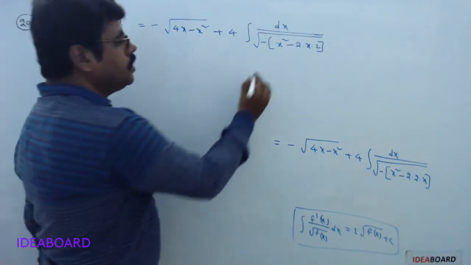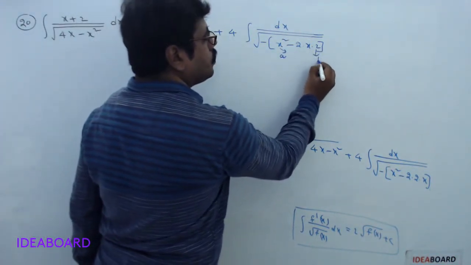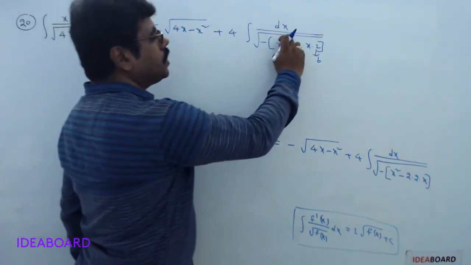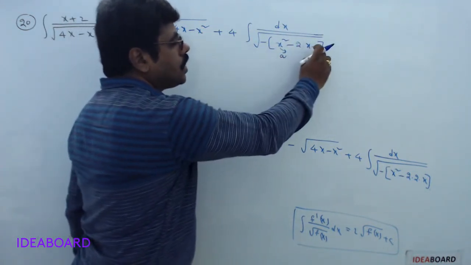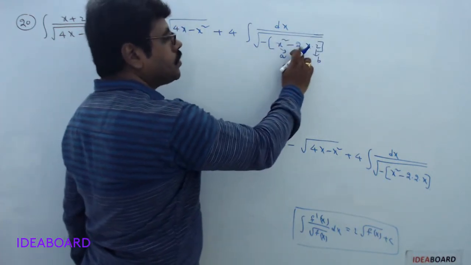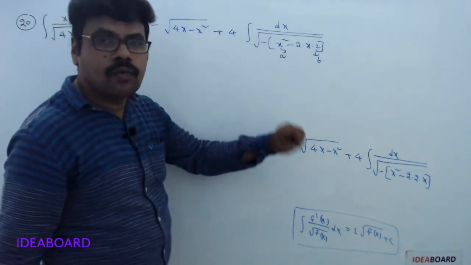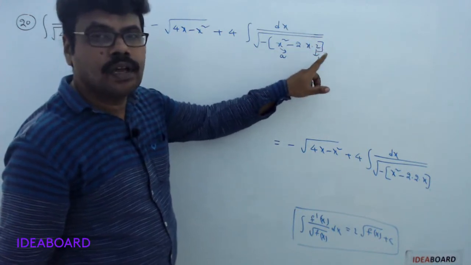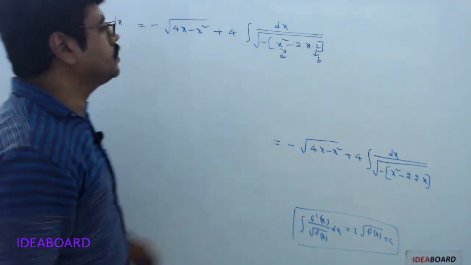Now in this expression, if you consider this x as a and this 2 as b, this expression is of the form a square minus 2ab. To make this expression a perfect square, we need a b square term. Here b is 2. b square means 2 square. So adding and subtracting 2 square.